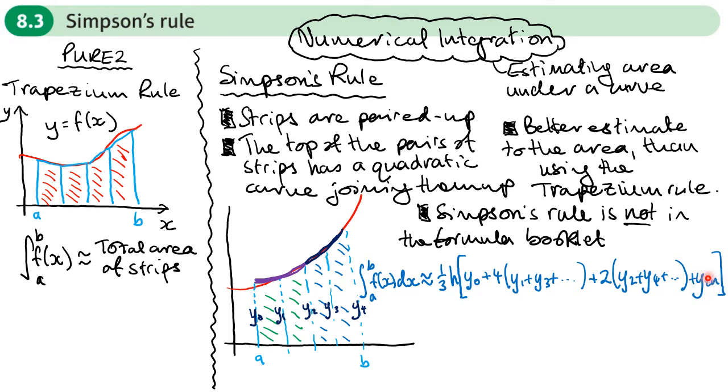This is the very last value, so in this case it would be y4, and then you've got 4 times all of these odd y values plus 2 times all of these even y values. Now what this gives us is a much more straightforward way to remember Simpson's rule, and it's this.